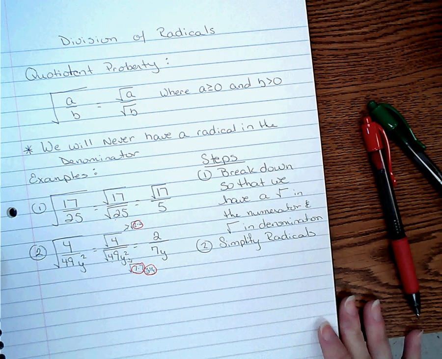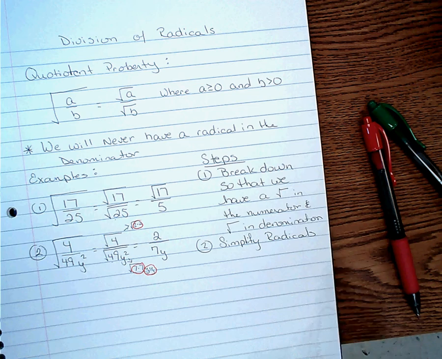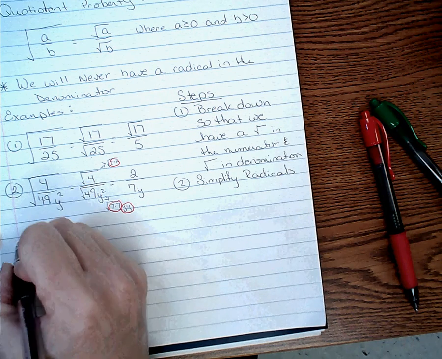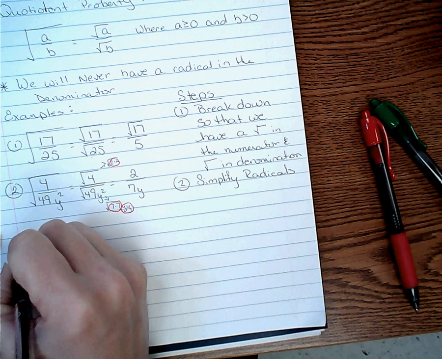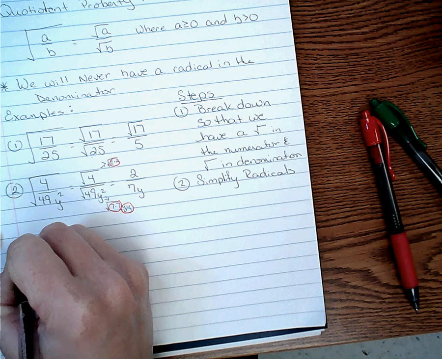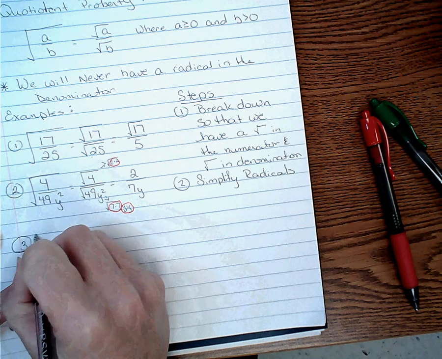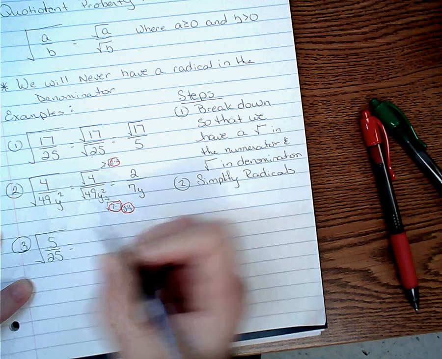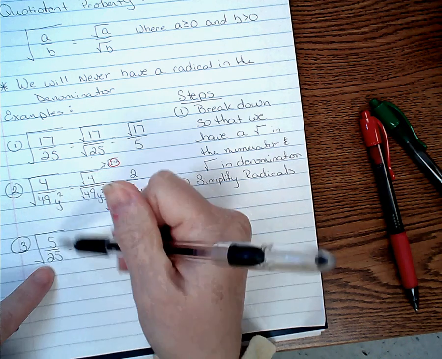Okay, so let's look at one where we might have to go a little bit further, but maybe not too much. Let's do 5 over 25. Now, one common mistake, don't simplify first.